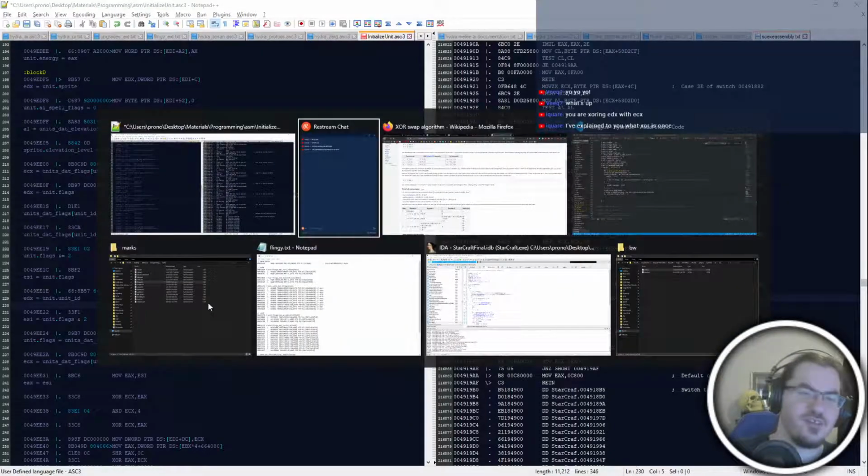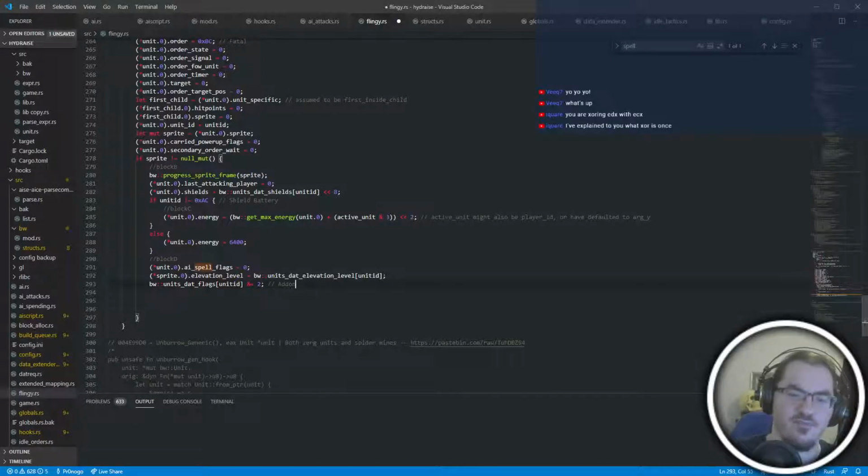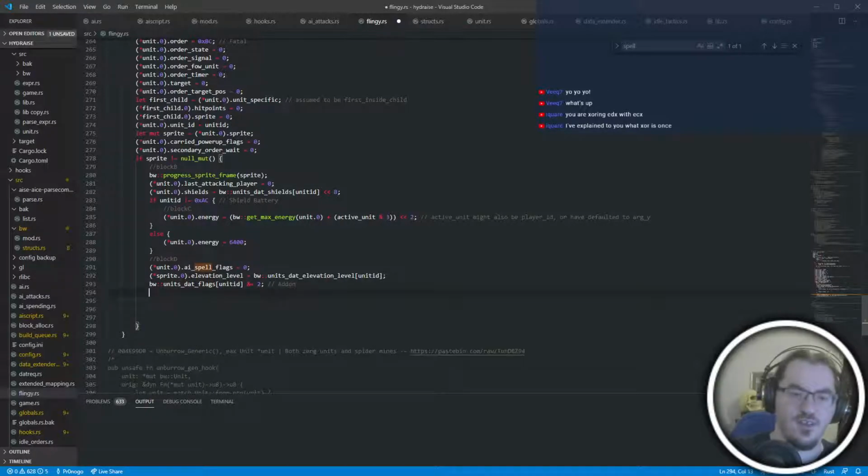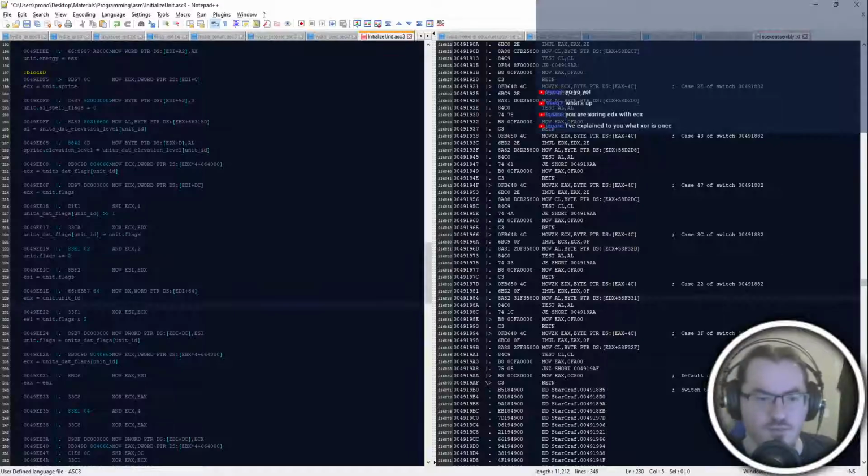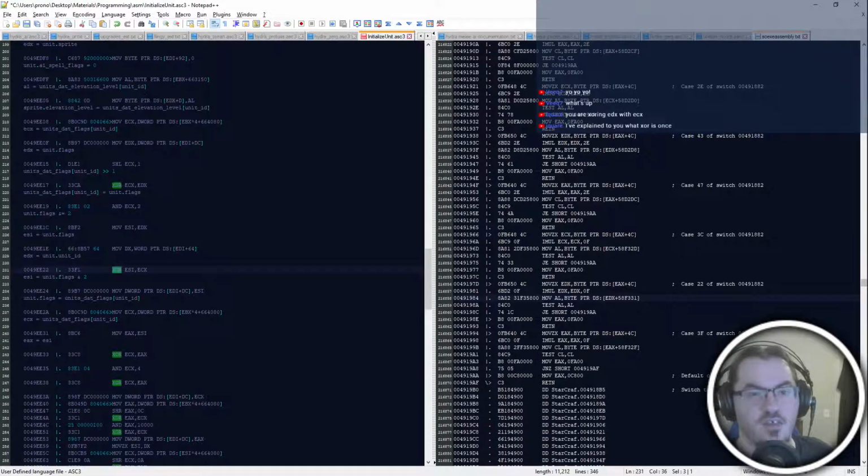So I guess what it's doing is writing the unit stat flag of the unit ID and unit 0 flags. Like it's doing both of these, since it's swapping them twice. It's swapping them once, writing 2, and then swapping them again.